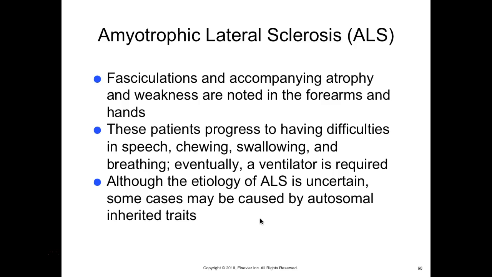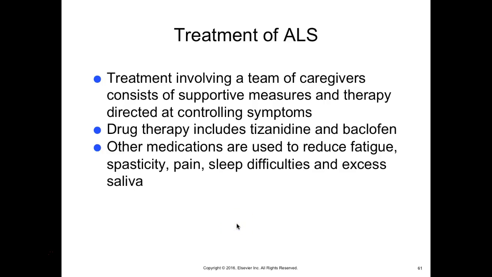Although the etiology of ALS is uncertain, some causes may be autosomal inherited traits, but the etiology is unknown. Treatment of ALS, of course, is supportive. Treatment involves a team of caregivers to provide supportive measures and therapy directed at controlling symptoms. There is drug therapy and other medications to reduce fatigue, spasticity, pain, sleeping difficulties, and excess saliva.